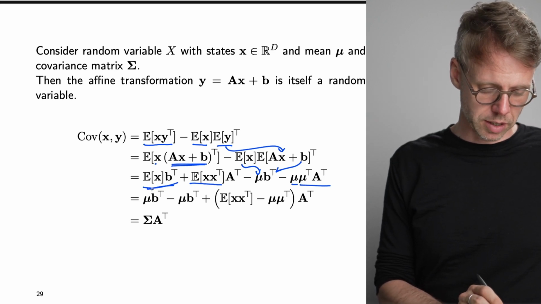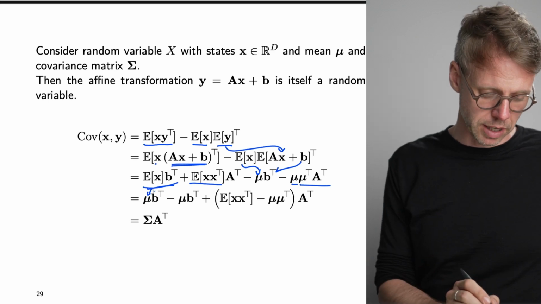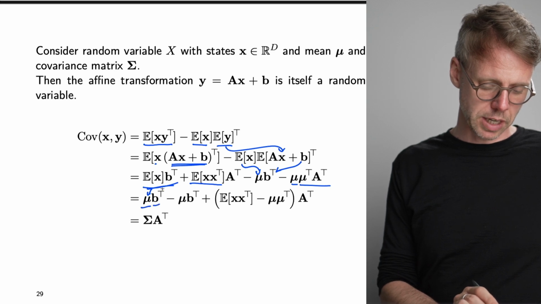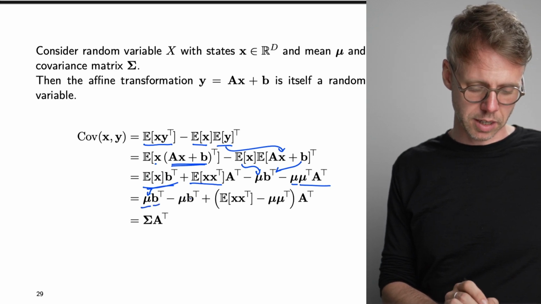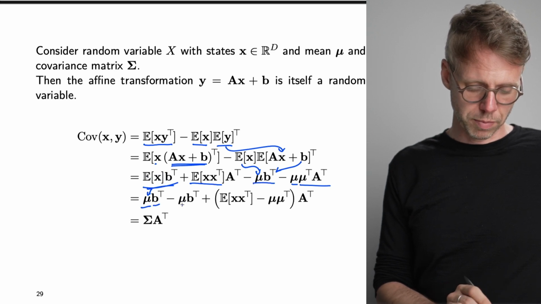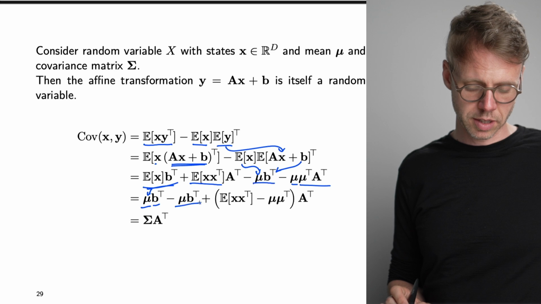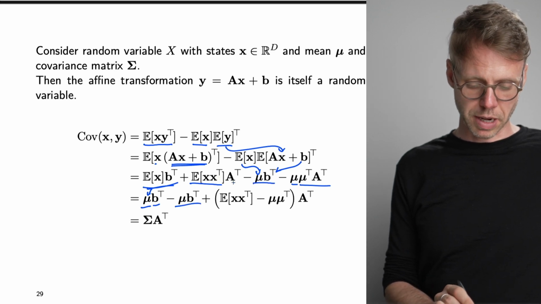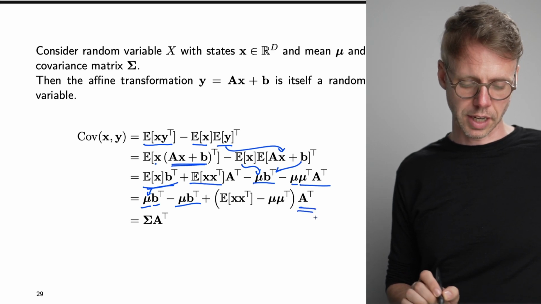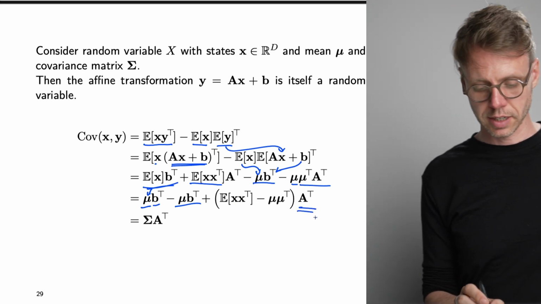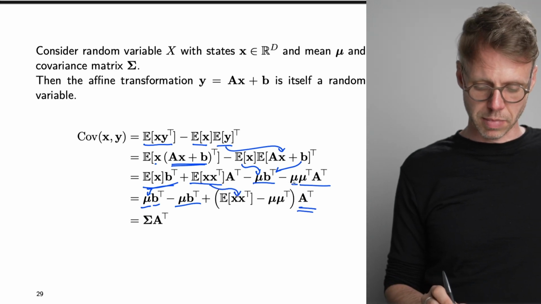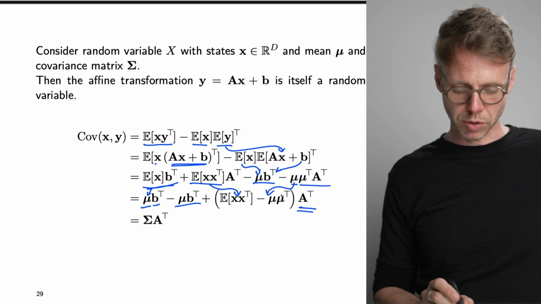For the first part we can also plug in the formulas of the expectations. So mu times b transpose is this part here, minus mu b transpose, and then all the parts that have A in them we group together, factoring out A transpose, we get E of x x transpose minus mu mu transpose.